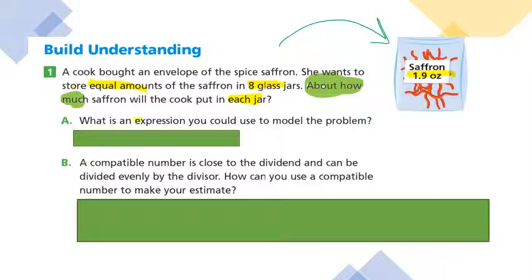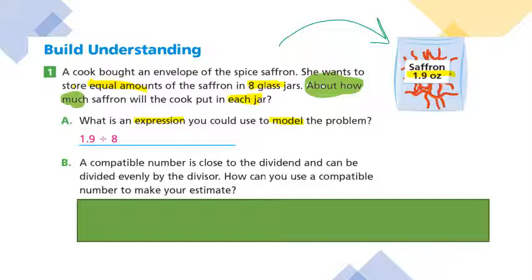What is an expression or a number sentence you could use to model the problem? All that means is, how would you write this if you were going to solve it numerically? Well, I would definitely say I would take the 1 9/10 ounces of saffron and I would divide it into 8 jars.